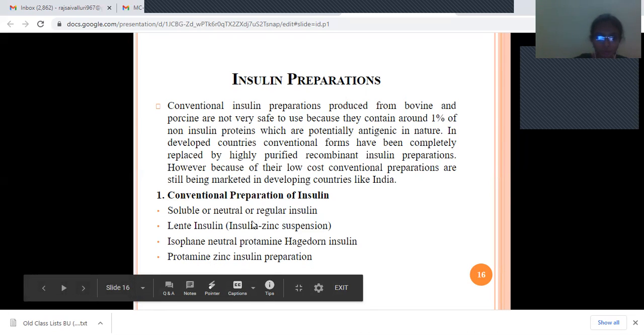These are the four types which come under the conventional preparations of insulin.